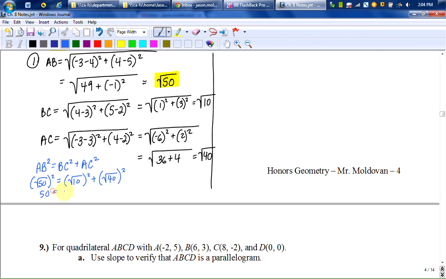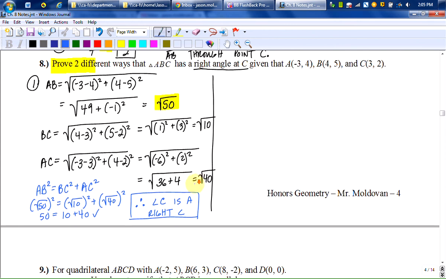Or is 50 equal to 10 plus 40? So therefore, angle C is a right angle. You almost know, well, in fact, you do know in a problem like this what the end result's going to be. And if you're not getting it to work, then you need to go back and check your work.